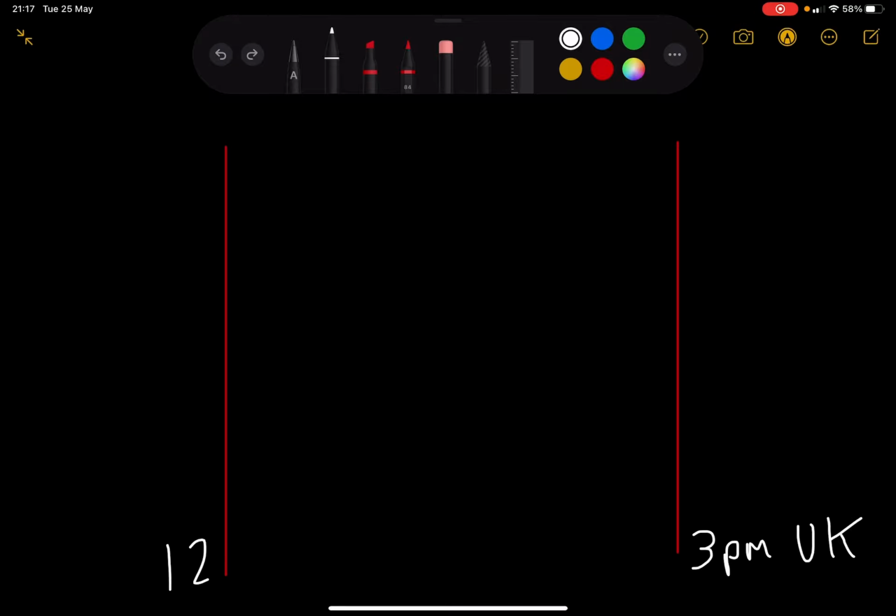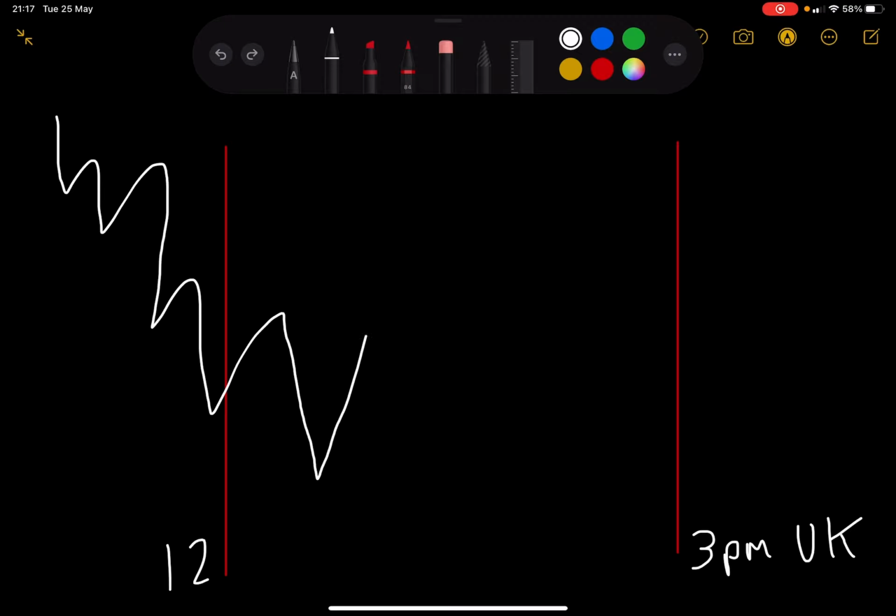So let's say we are getting a downtrend like this, and then it comes within the lines. It's likely to come back up to the 61.8 fib.